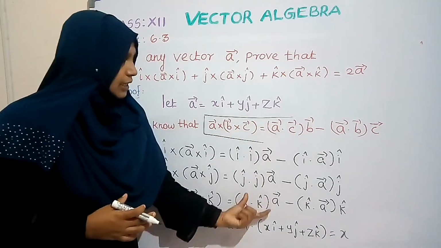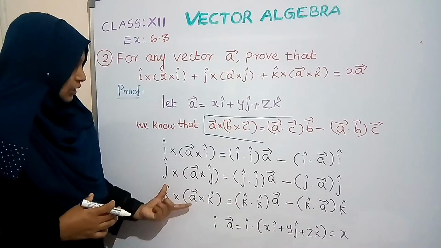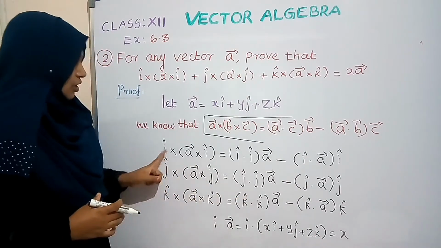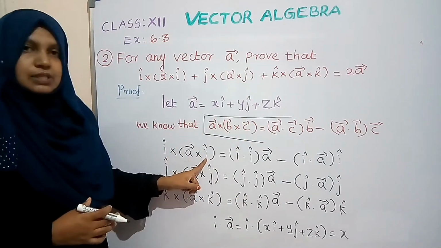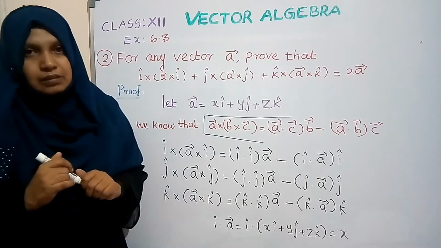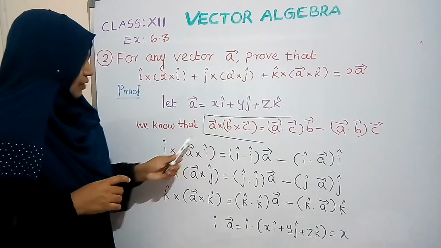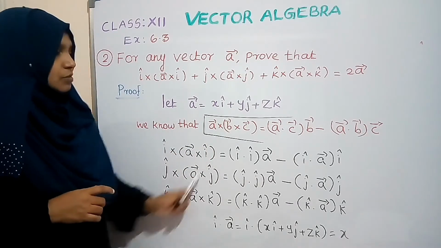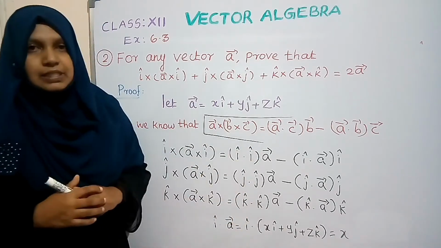The same formula I have written here. So only this term you should replace. Instead of A and C we have i cap in the first term, j cap in the second term and k cap in the third term. Understood? And instead of B vector we have A vector. So the same formula we can replace here.